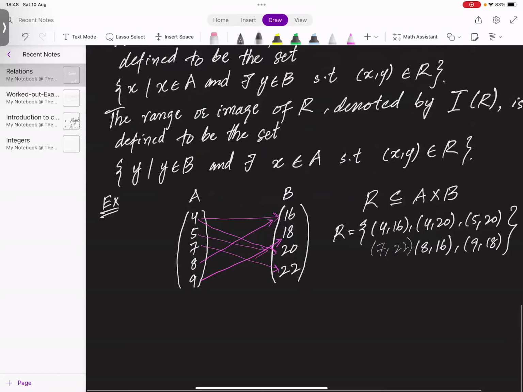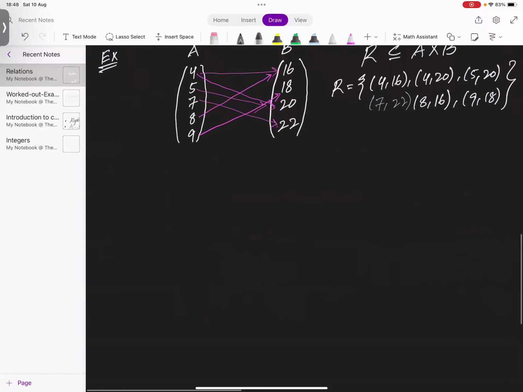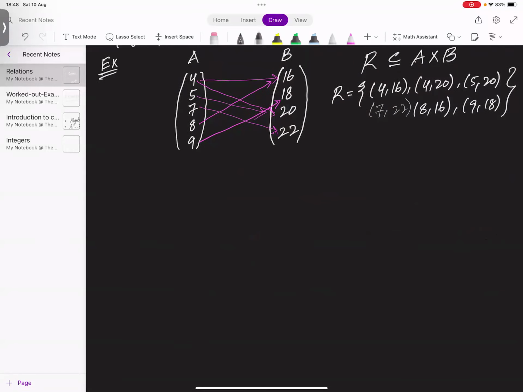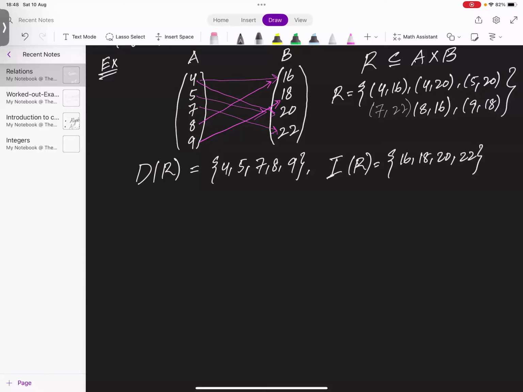Then the domain of R is 4, 5, 7, 8, 9, and the image of R is 16, 18, 20, 22.